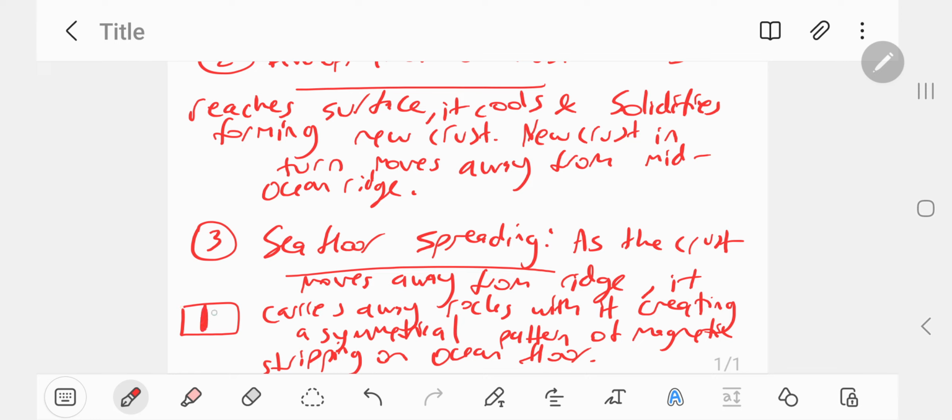So as the new crust moves away from the ridge, you get symmetric patterns of magnetic striping, in other words. So suppose, let me draw another sketch. Okay, mid-ocean ridge is here, use a different color.